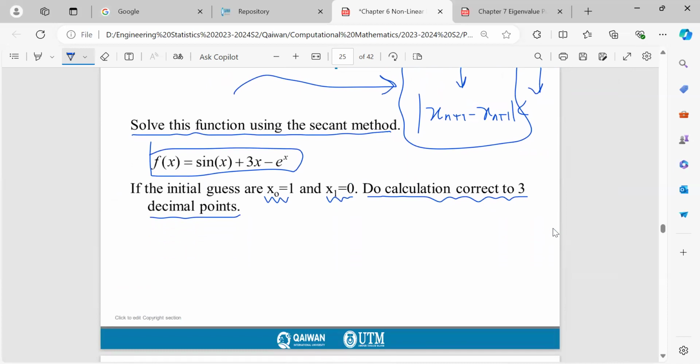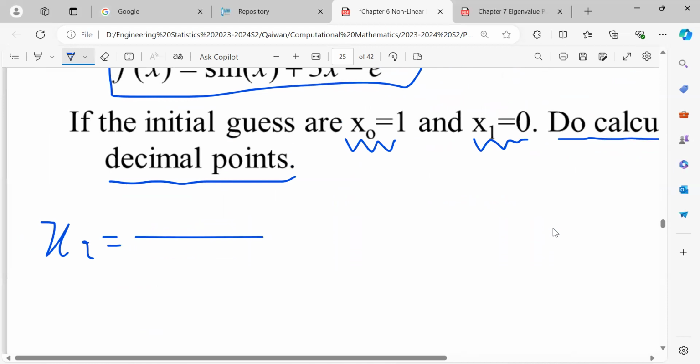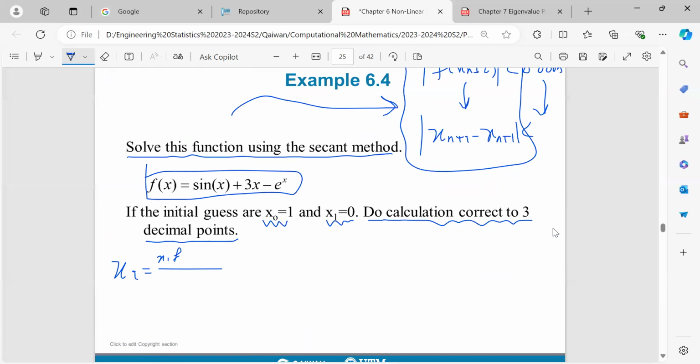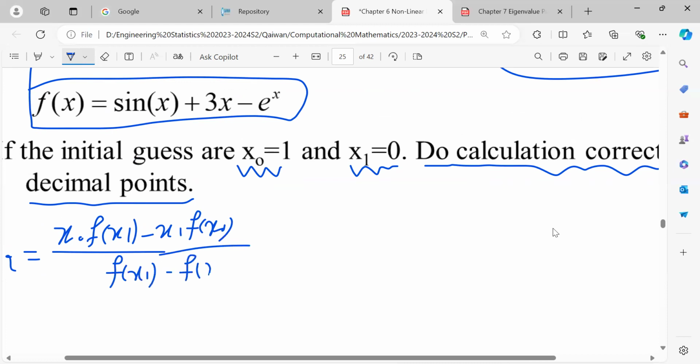We should find x2. x2 is x0 f of x1 minus x1 f of x0, dividing by f of x1 minus f of x0. We have to evaluate this.